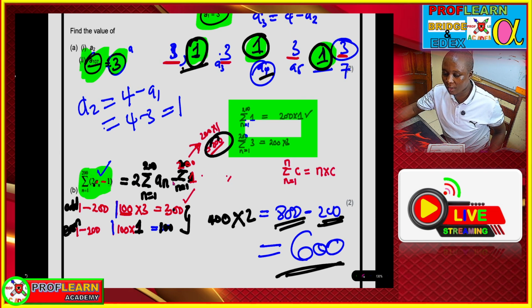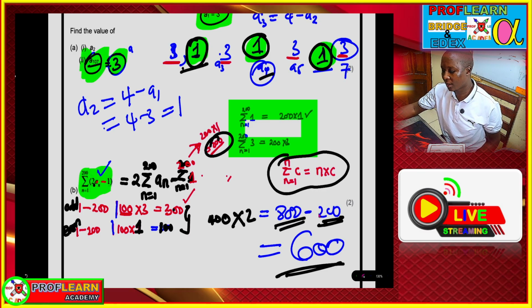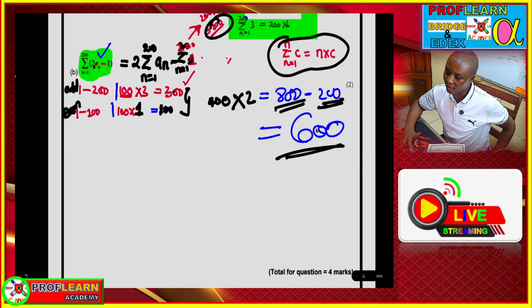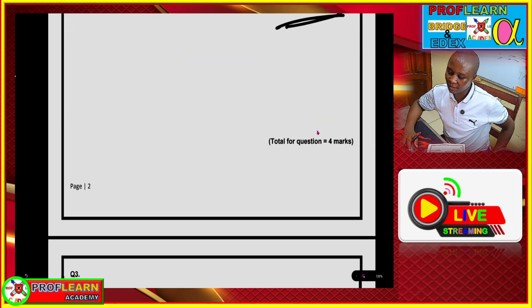Then we subtract, because there was a summation from n equals 1 up to 200 of 1, and that's a constant, so it will be 200 times 1, and we get 200. Then if you subtract, you are going to get your final answer being 600.